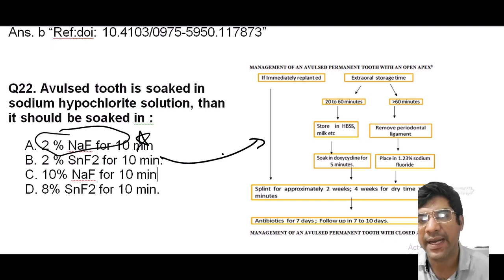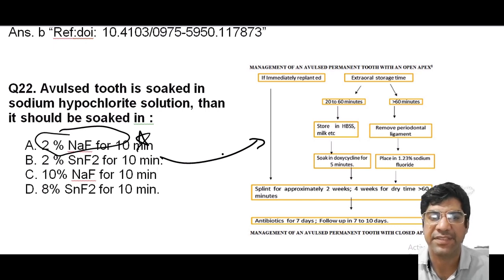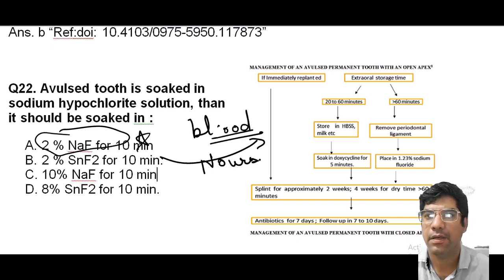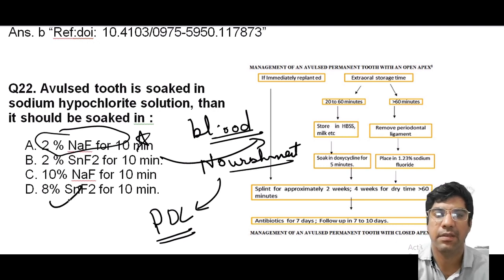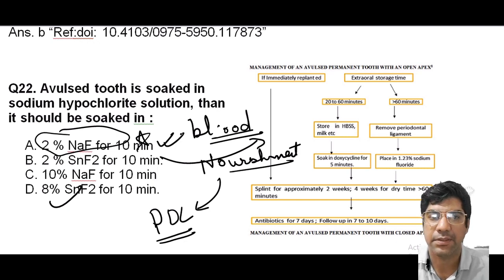It is known to enhance the chances of successful reimplantation as it helps to re-establish the blood flow and nourishment to the PDL, which is important for the tooth's survival. The recommended time is 2% sodium fluoride for 10 minutes.